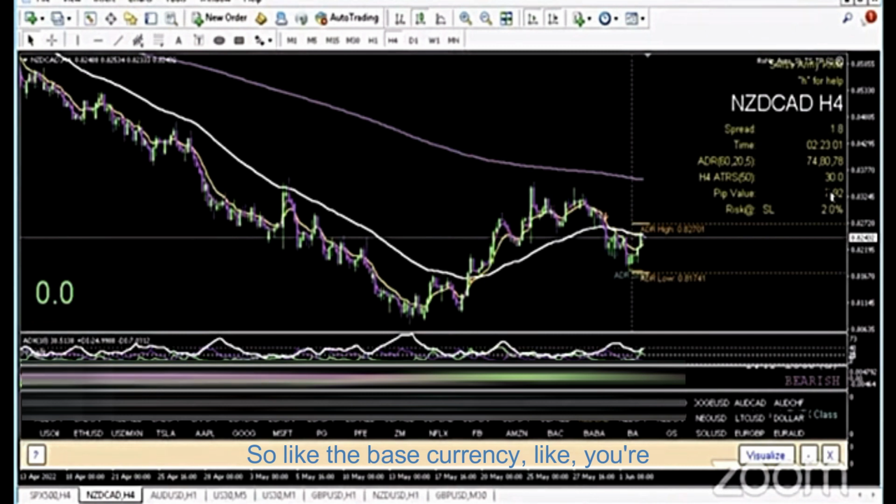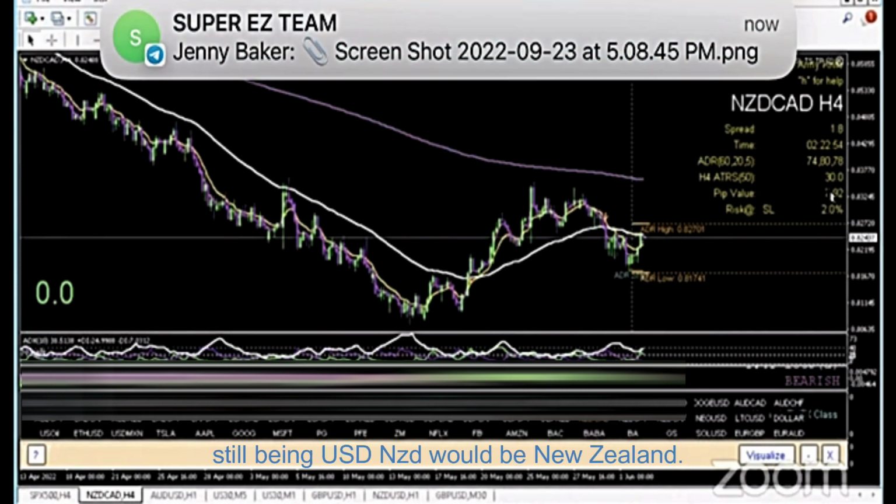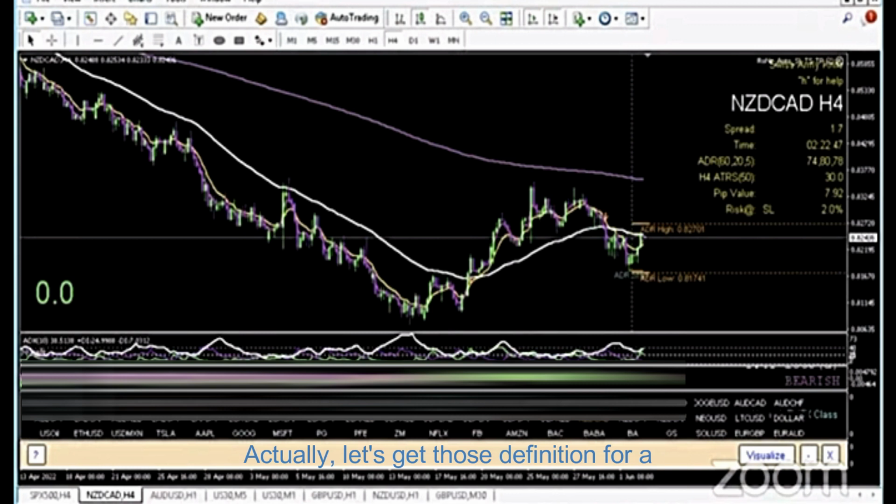I'd assume it's based on, how can I say, like the base currency, like USD would be USD, NZD would be New Zealand. Yeah, but it's the quote currency, which is the second currency. So, yeah, similar to crypto. Crypto has their base currency. Okay. So now that we've defined, well, I'm going to get to Laura, guys.